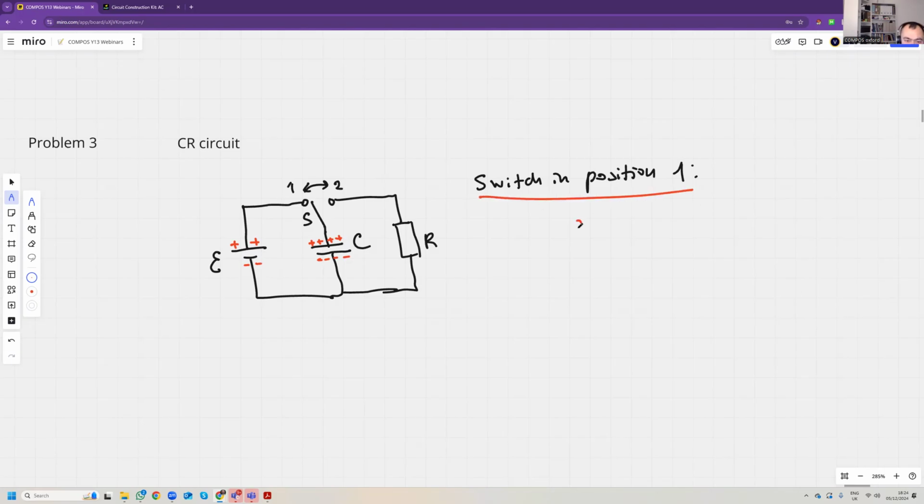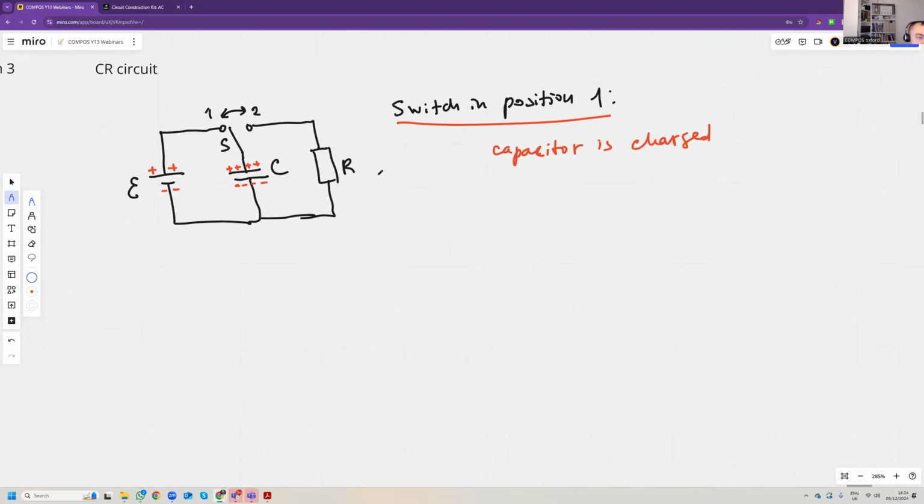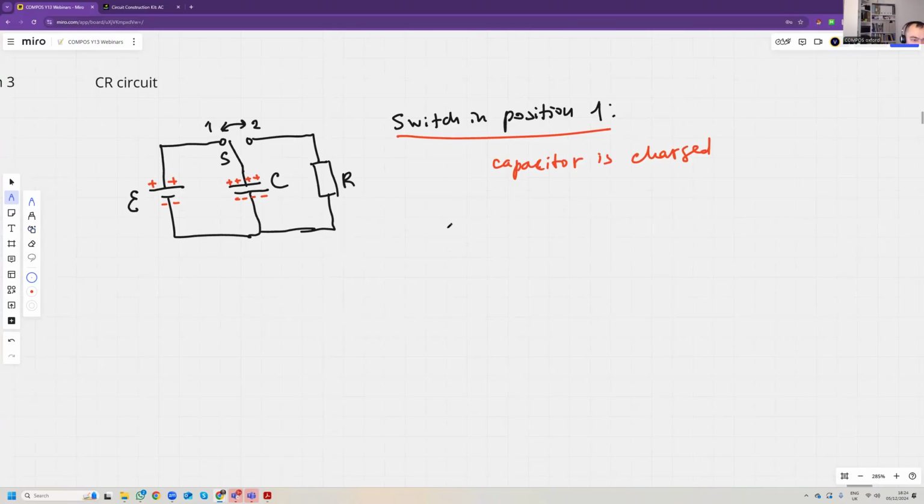The capacitor is charged. Now we flip the switch into position 2. Now the capacitor discharges through the resistor.